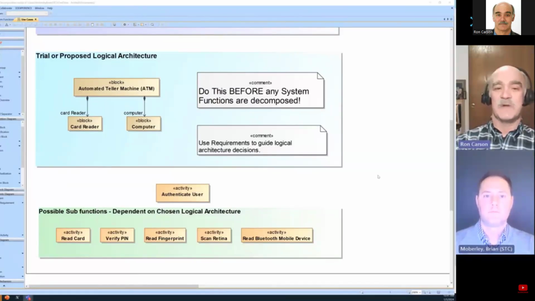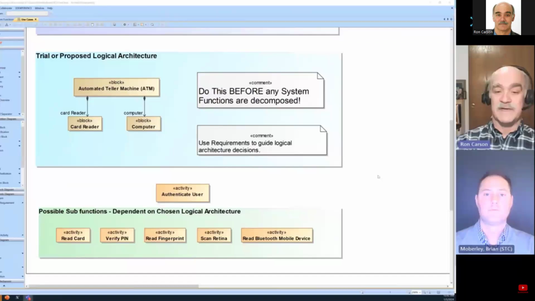And in order to come up with a complete and verifiable set of requirements at the system of interest, one has to decide. Am I going to use a card reader? And where is the validation going to happen? Am I going to use a card reader plus a PIN input with a keyboard, in which case I still have to decide where validation happens?